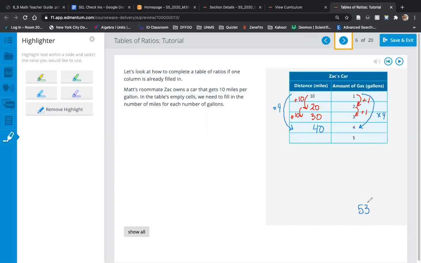So in that case, once you get to those higher numbers, you would just say, okay, instead of wasting my time adding and adding and adding, remember, multiplication is repeated addition. That's how it's defined. So in a big case like that, it's a lot easier to say, okay, all I'm doing from 1 to 53 is multiplying by 53. So I would take my initial 10 miles, multiply that by 53 as well, and say, okay, 10 times 53 is just 530, right?